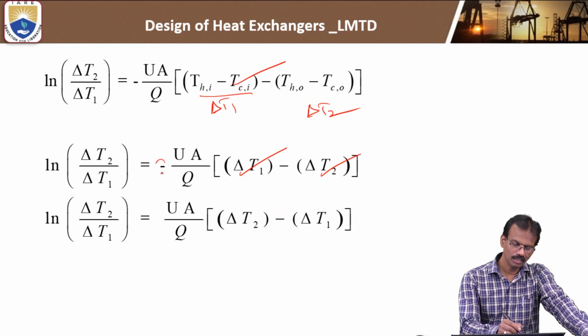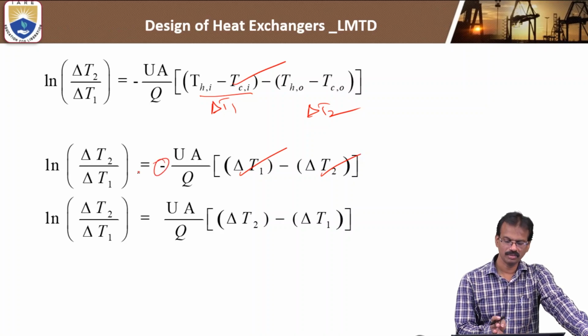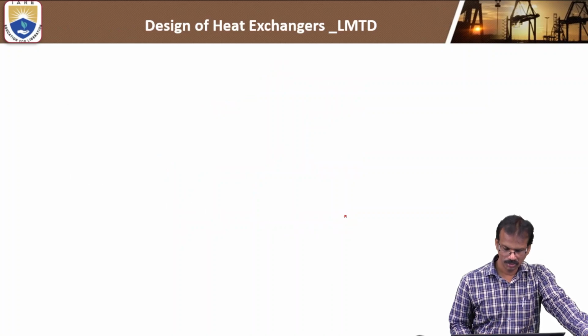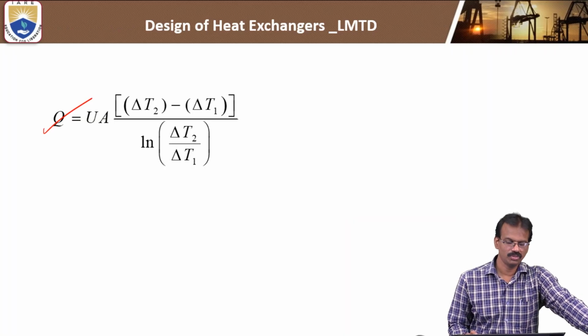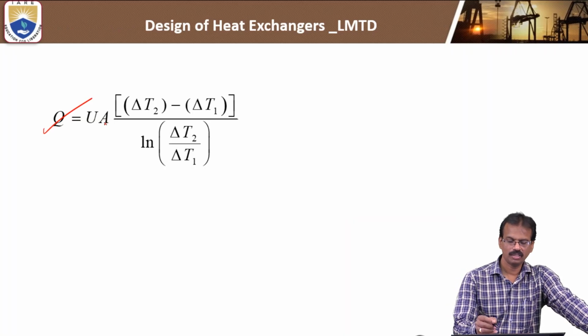But here minus is there, so just because of the minus we can rearrange these terms, UA by Q. If you send the minus into the bracket, then it becomes delta T2 minus delta T1. Then the final formula: Q, the rate of heat transfer, is equal to UA, overall heat transfer coefficient into area, into (delta T2 minus delta T1) by ln delta T2 by delta T1.